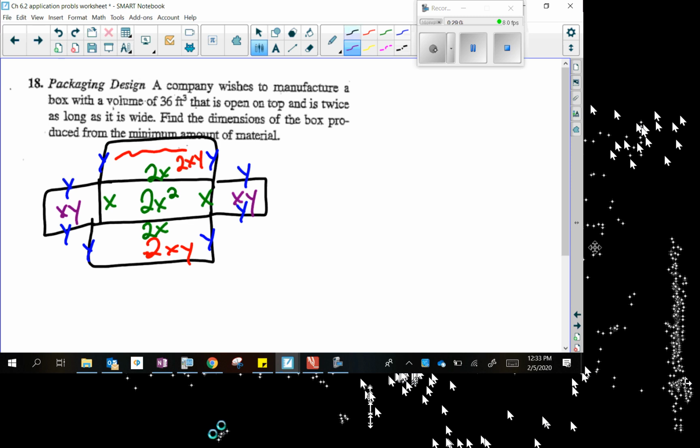And then when I want to make my equation, I know I've got 2x squared plus 2 of the xy's plus 2 of the 2xy's. So again, it doesn't look really succinct right now, but that's basically what we're working with. That takes care of all 5 sides, right?